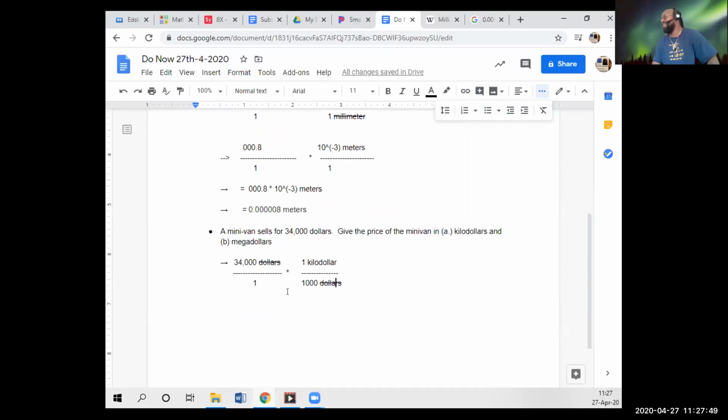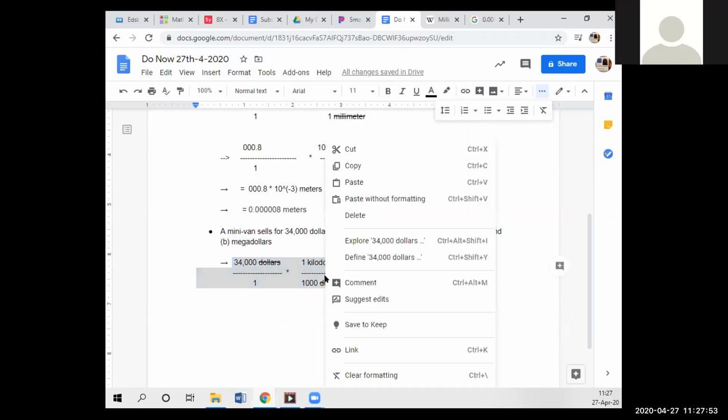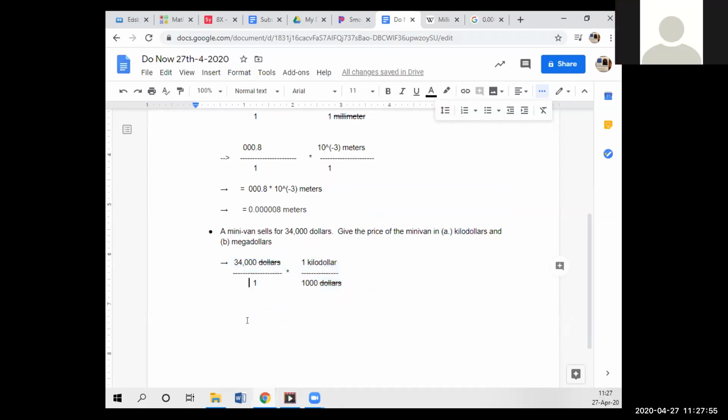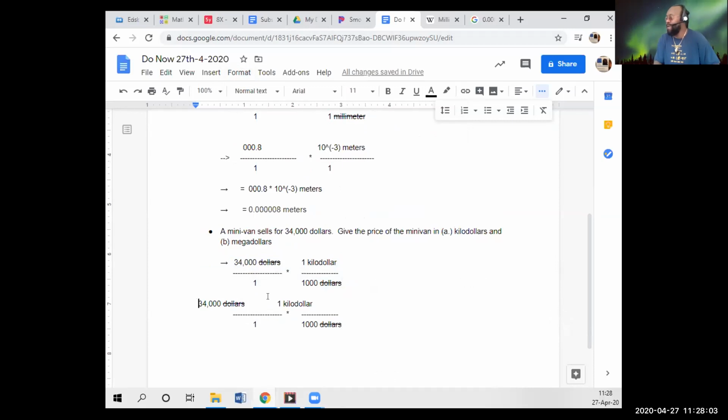So these are now crossed out. So I'm going to take this here and put it again, just put it here so we'll see how it looks. So you want me to rewrite it at the bottom? Well, you can just write a shorter version. You don't have to rewrite what I'm writing. This is for everybody else who might not understand what's going on. All right. Now we got dollars gone.